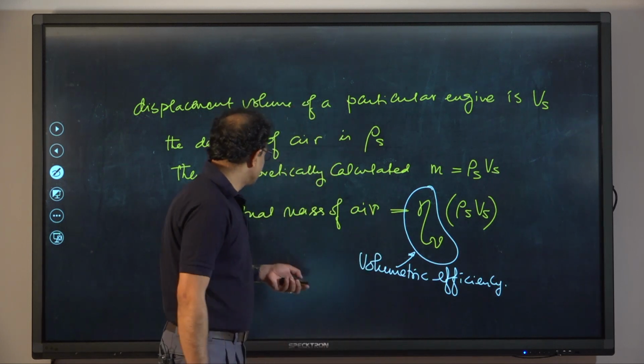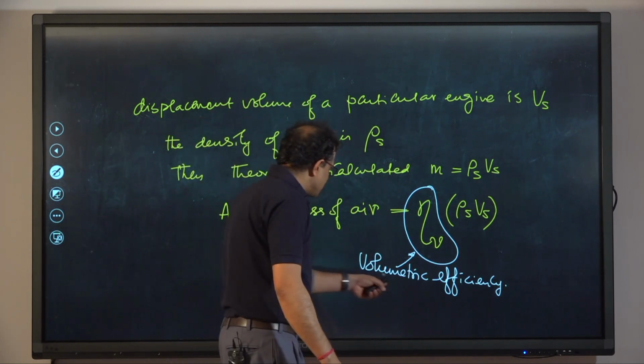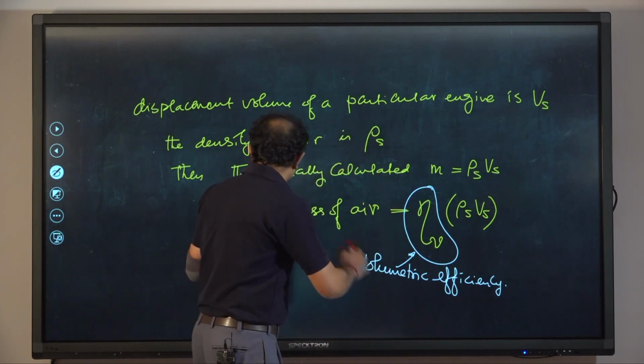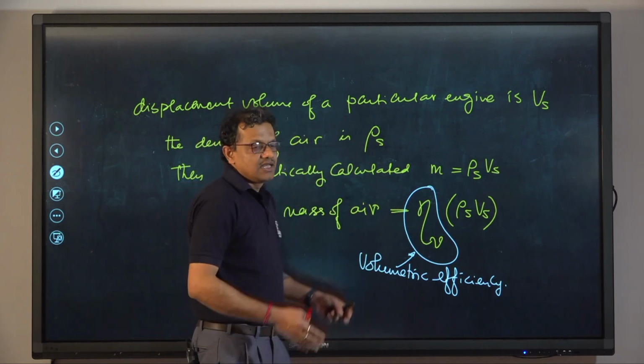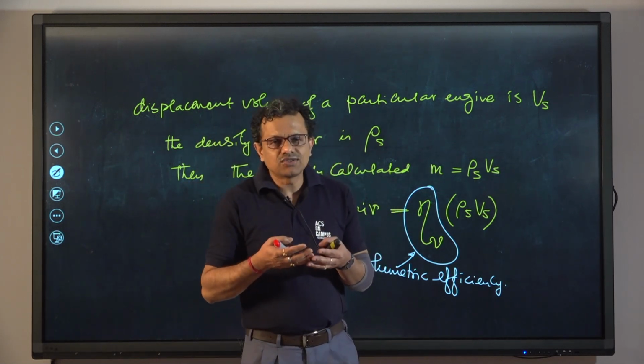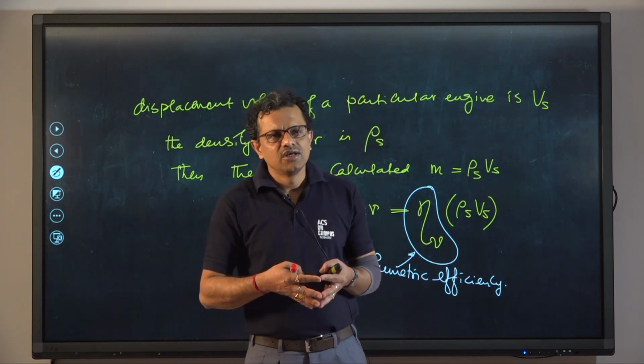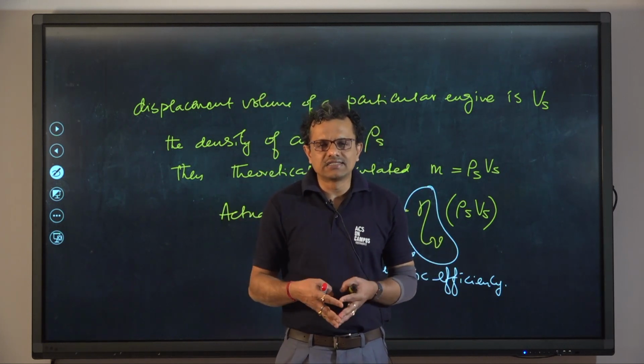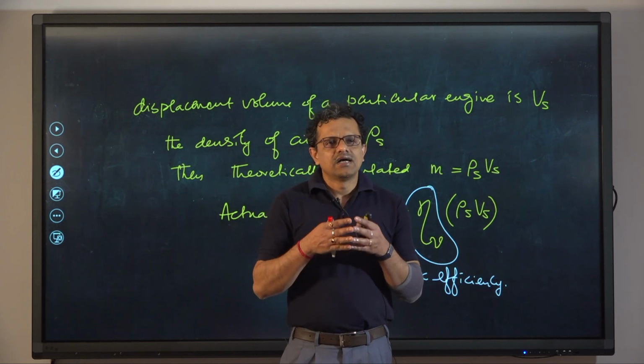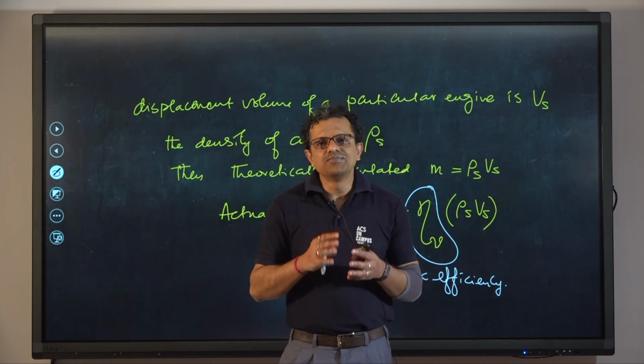So, if we need to know about this, we need to know the actual mass, or actual mass flow rate, of air to be drawn into the engine cylinder during a particular cycle.